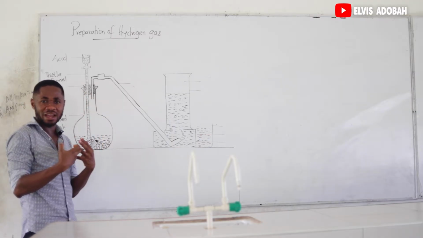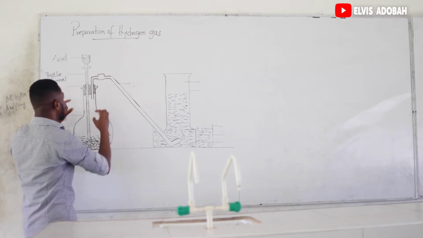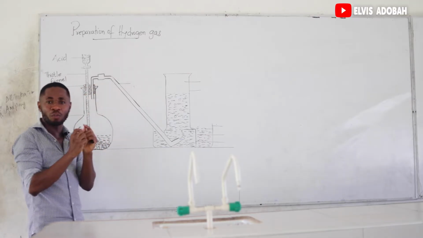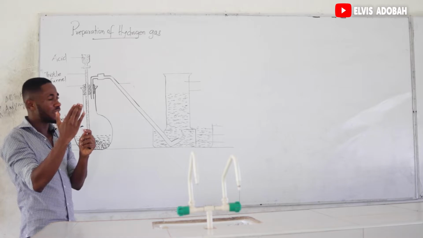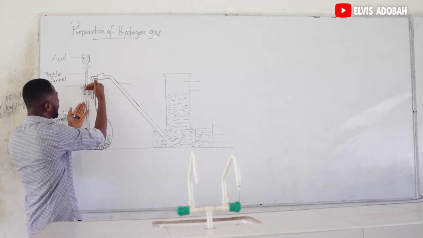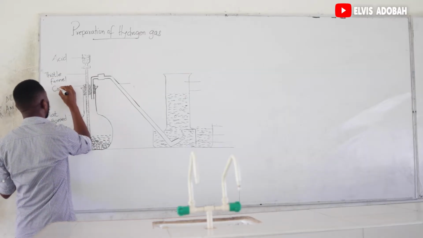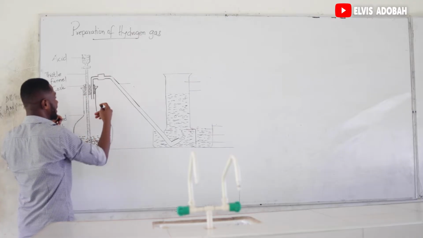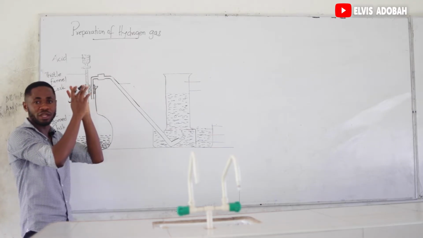But we need the gas. We don't want the gas to escape. So we place something inside the flask so that it will prevent the gas from escaping. And that thing we put inside the flask to prevent this from occurring is what we call the cork. The cork is placed inside the flask to prevent the gas from escaping out of the flask.